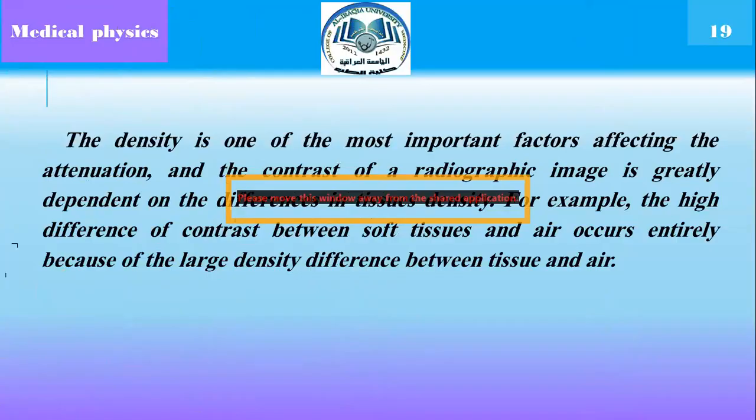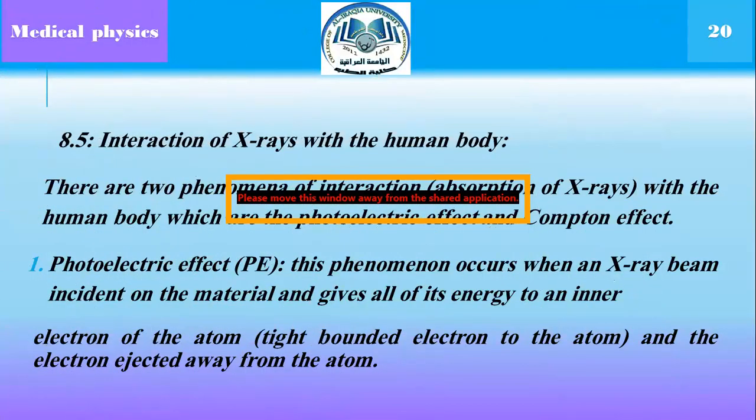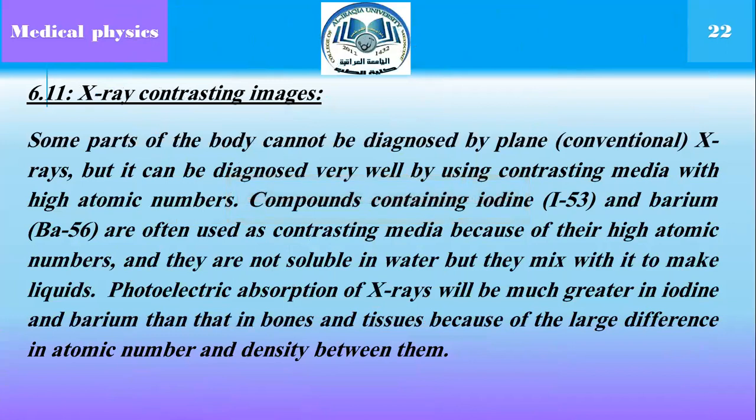X-ray contrasting images. Some part of the body cannot be diagnosed by plain X-ray, but it can be diagnosed very well by using contrasting media with high atomic number. Compounds containing iodine and barium are often used as contrasting media because of the high atomic number, and they are not soluble in water, but they mix with it to make liquid.